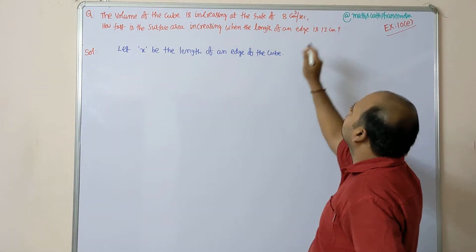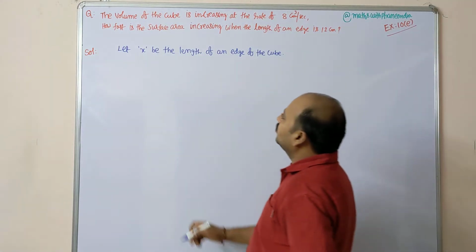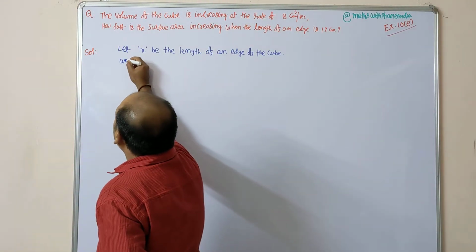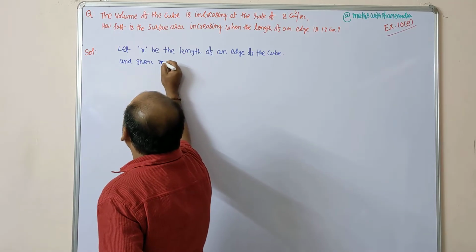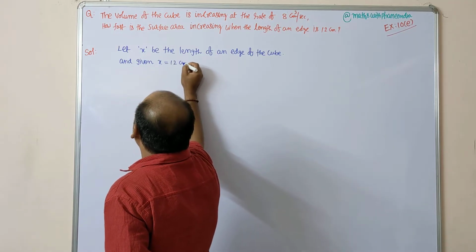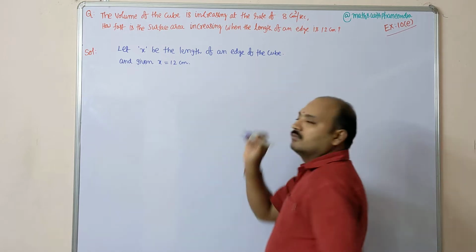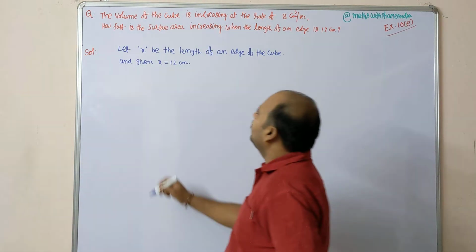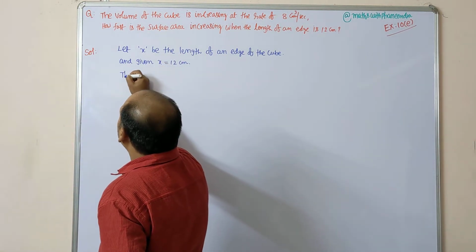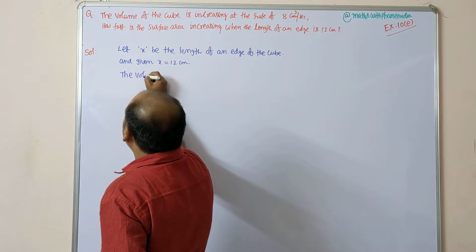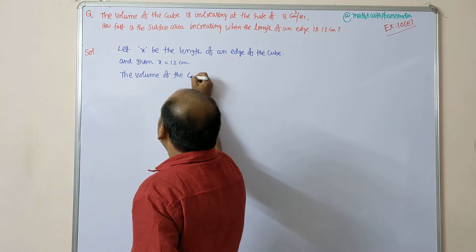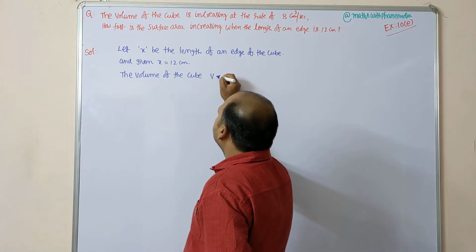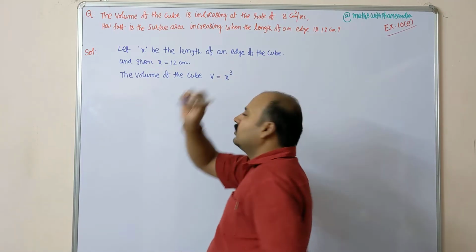That value is also given, x is equal to 12 centimeters. Next, the volume of the cube, V is equal to x cube.